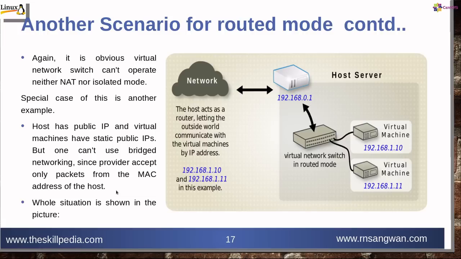And this is the whole scenario in this particular example. The host acts as a router, letting the outside world communicate with the virtual machines by IP address, for example, 192.168.1.10 and 11. In this case, these are the IP addresses of these virtual machines. And this is a routed mode scenario, another scenario for a routed network.